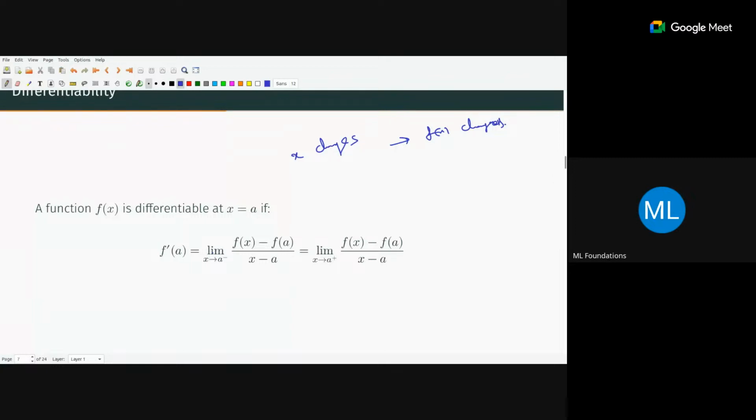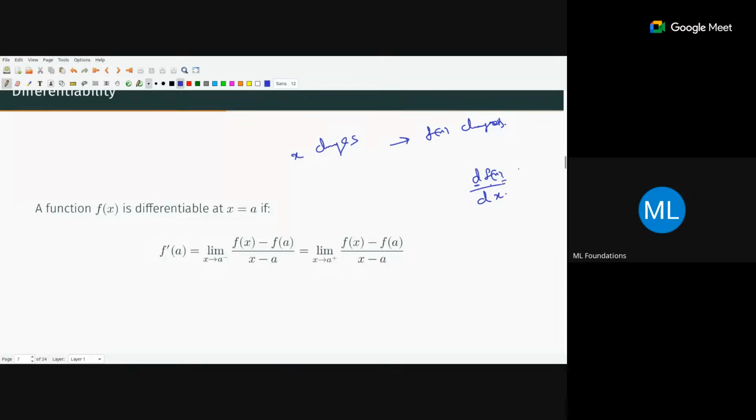The rate of change is referred to as dy by dx, so df of x by dx. Here d refers to a very small difference, like the difference between 0.1 and 0.11.